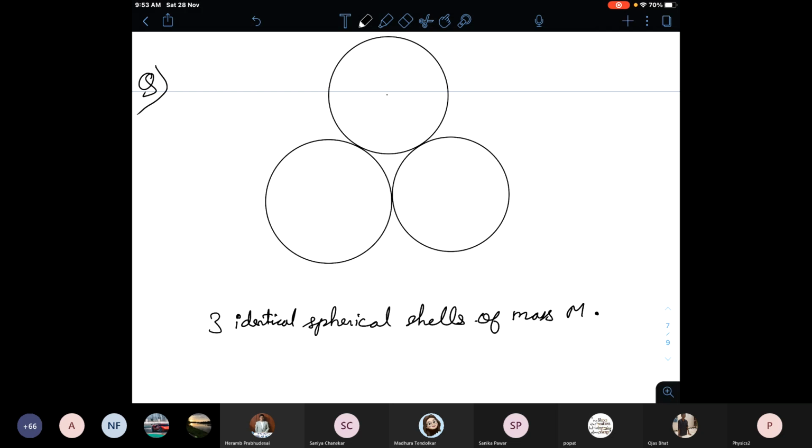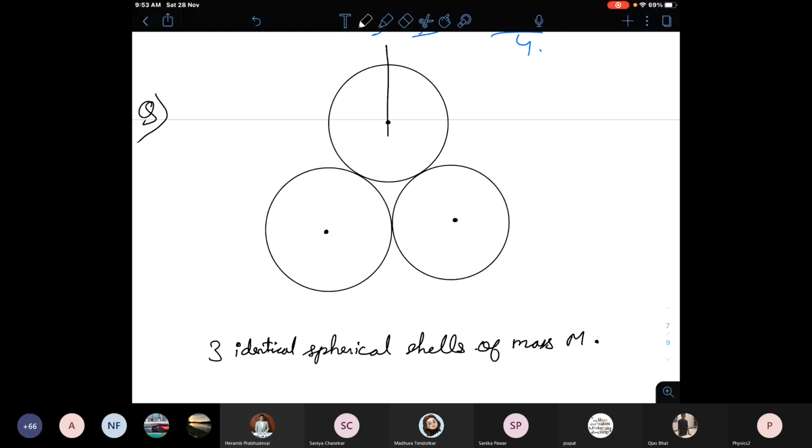What we need here is to find the moment of inertia about an axis passing like this, a dash like this. I might have drawn it a bit tilted, but let it be.